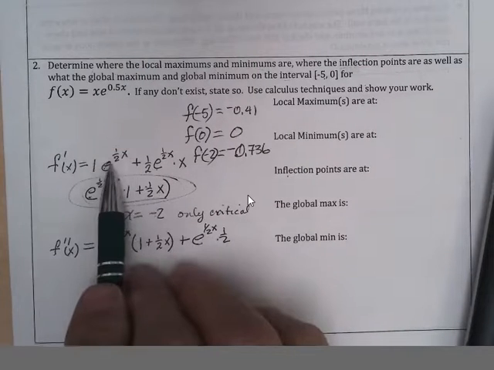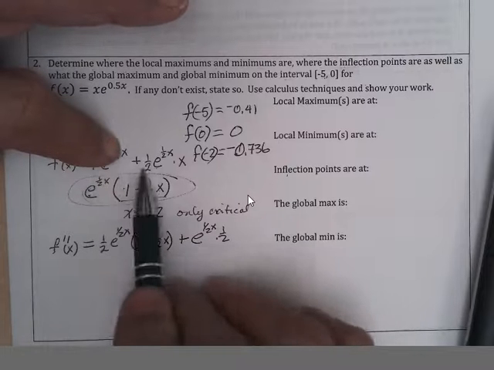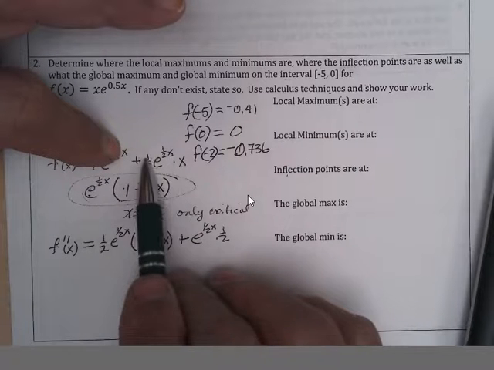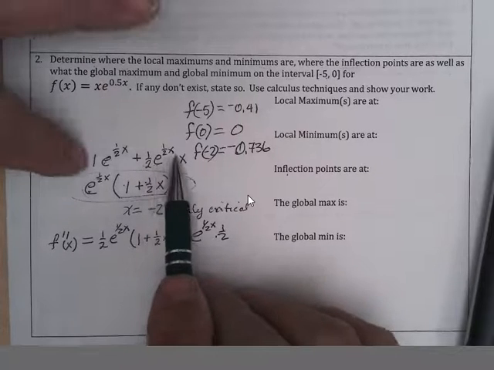Now I could have gone back to here and taken the derivative of this, which is 1/2 e to the 1/2 x, and the derivative of this is the derivative of the original function, so it would have been all of this again.